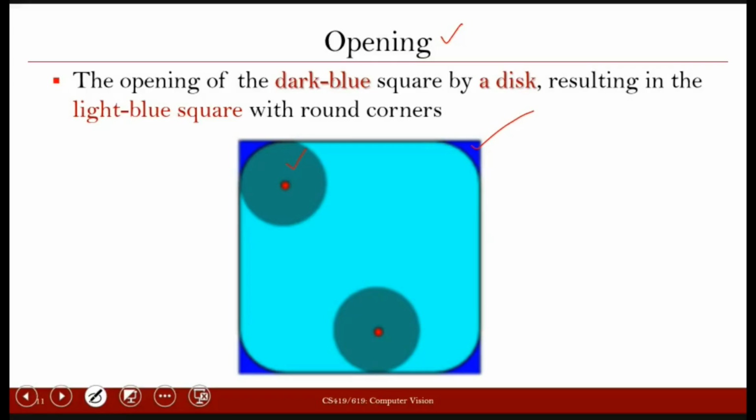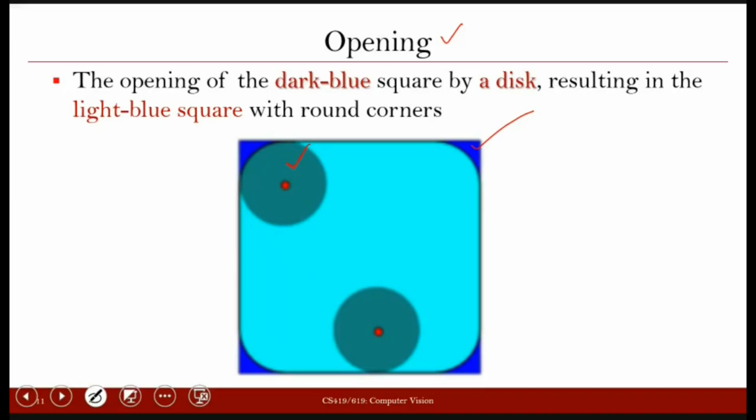So you can imagine that if you would have performed the erosion of this object by this disk, if you remember, we said that when we are performing erosion, we only include in the output those coordinates where, if we place this structuring element, it is completely inside the object.